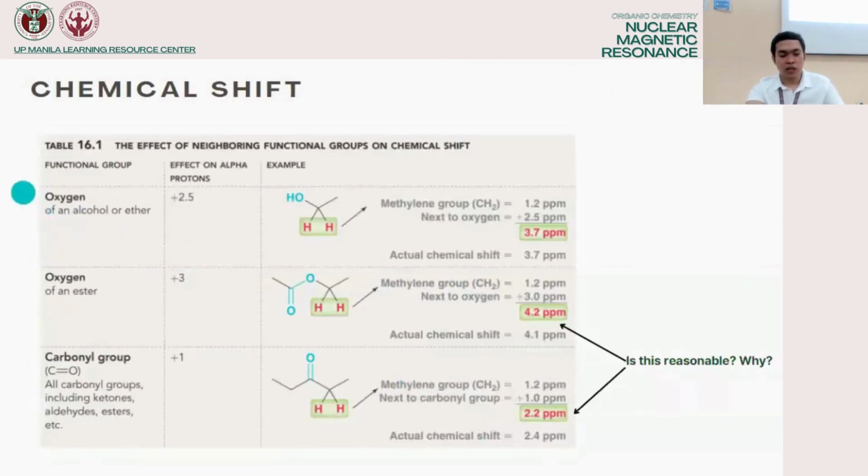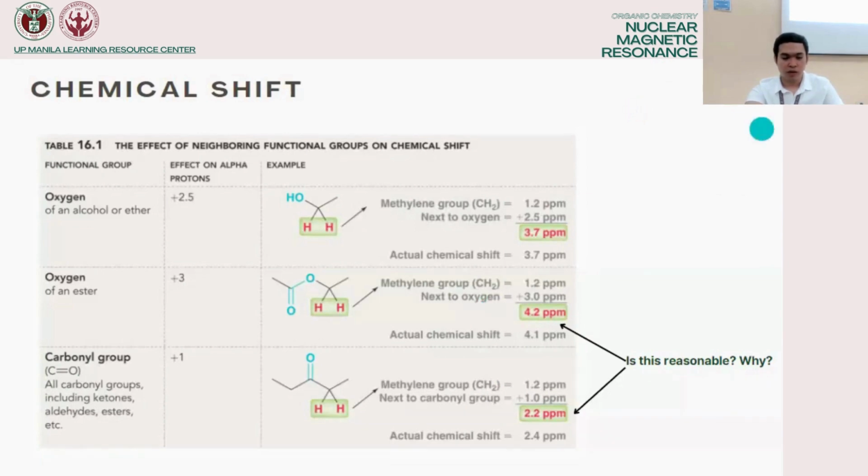So as you can see, oxygen and carbonyl group, nakikita niyo yung epekto nila, nag-i-increase or decrease. So is this reasonable? Bakit mas mababa ito compared dito? Nandiyan na rin sa table yung explanation.